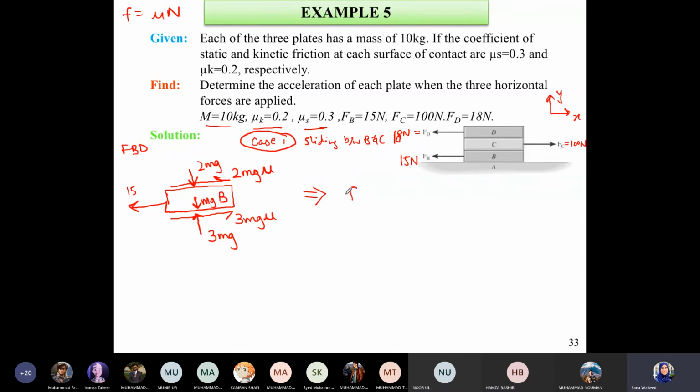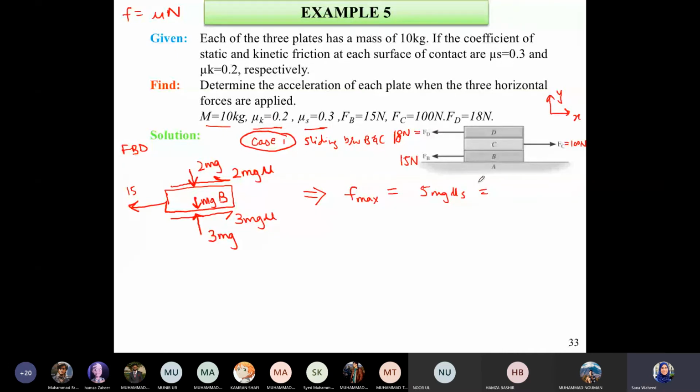Going to be F max, which is what? Maximum friction is the case when I have static friction between the top and the bottom one as well. Okay, let me first calculate F max, which is 5 mg mu s, and that turns out to be how much?